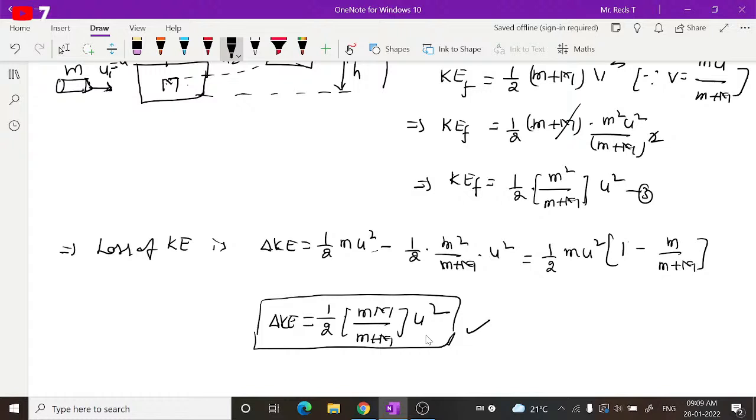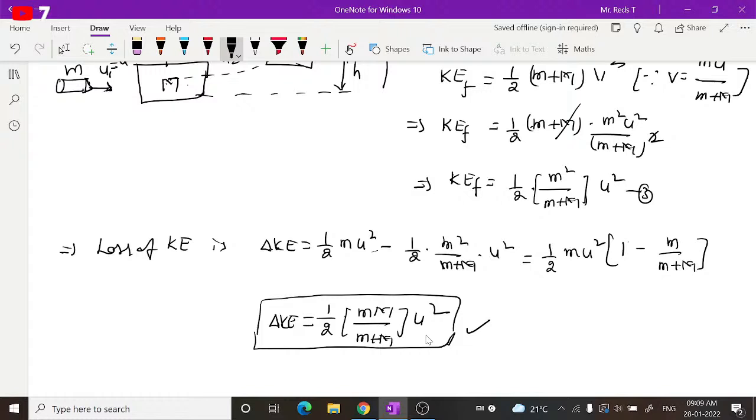But sometimes in this you may be asked to find a few more points, like what is the initial velocity required to give to the bullet so that it rises to a height h.